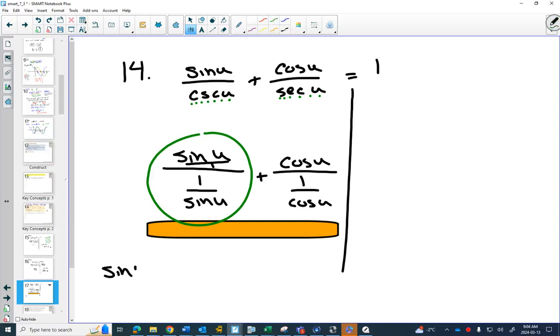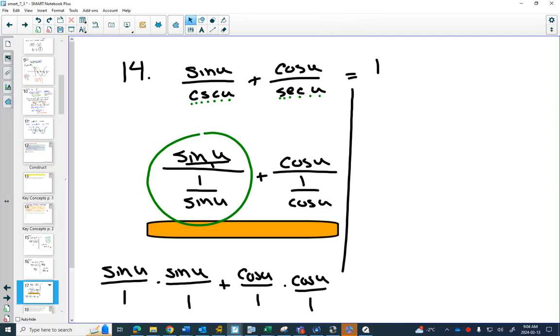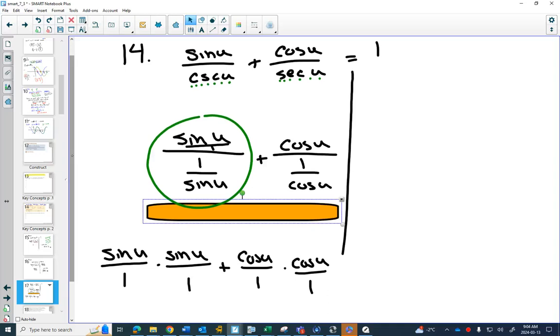It will be sine u over 1, that's the top one, then flip the other one. And same thing here, this cos u would be cos u over 1, and we're dividing by a fraction, so we can multiply by the reciprocal.